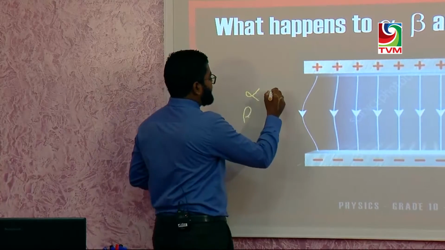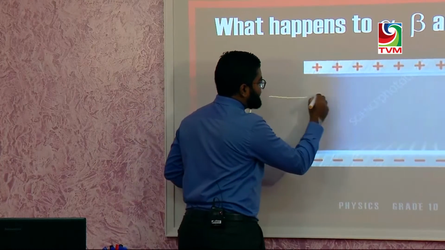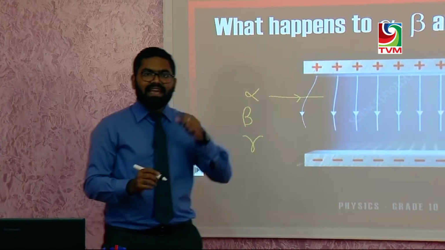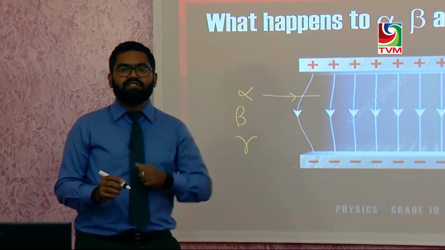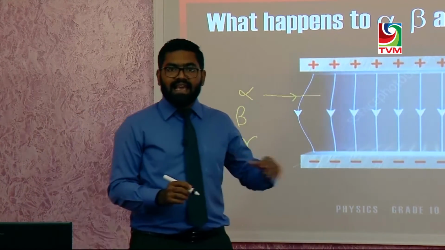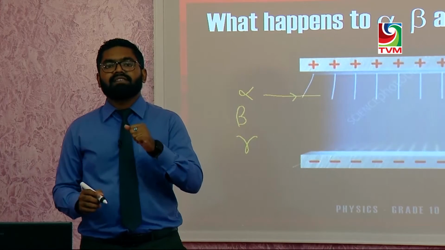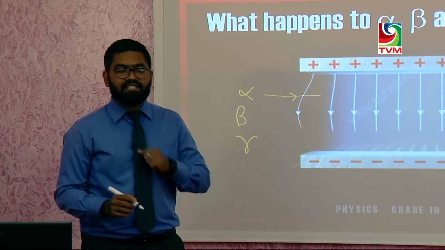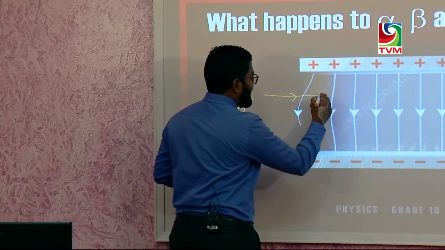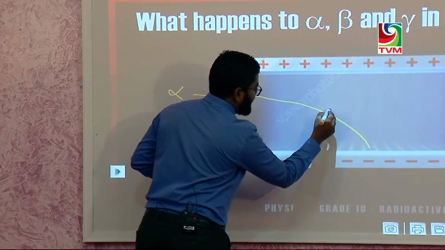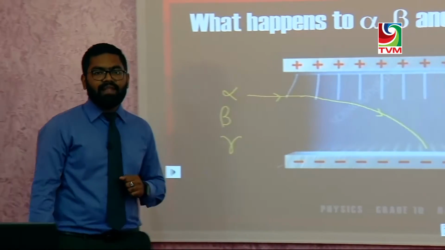Let's say an alpha particle enters an electric field. It has a positive charge, which means in an electric field the alpha particle will be attracted towards the negative plate. So it travels and takes a deflection towards the negative plate.